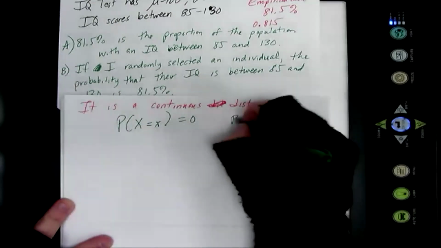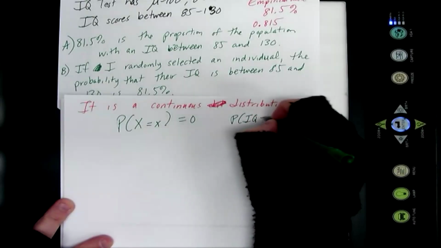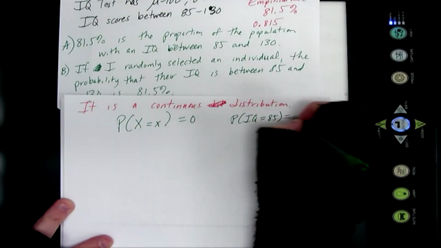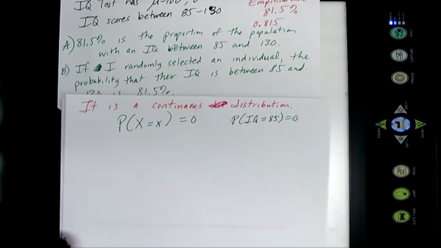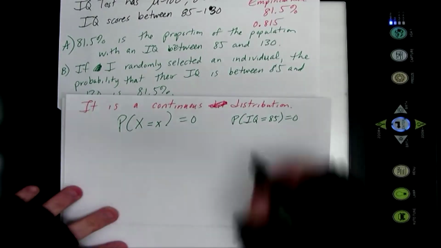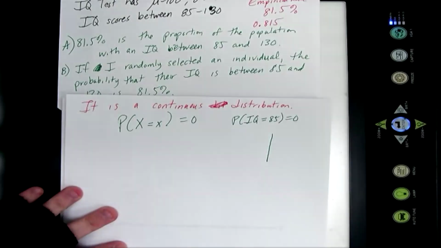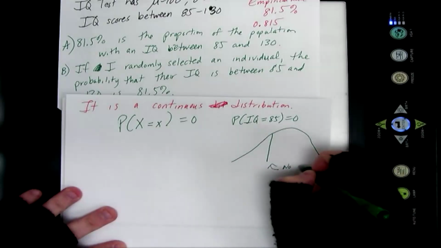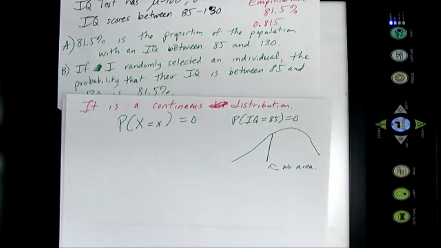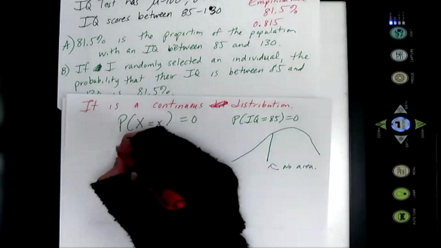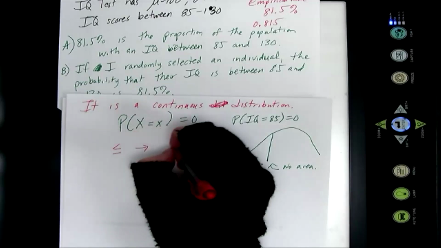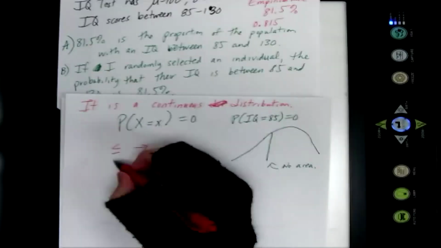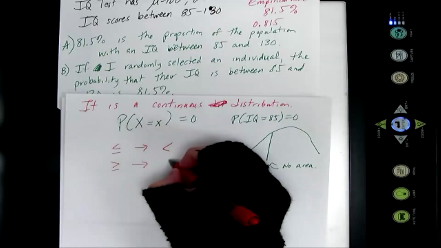Like the probability of getting an IQ of exactly 85 is 0, because it's just a single line and there's no area under the curve. Just a single line, no area. Where that comes in is that less than or equal is the same thing as less than, and greater than or equal is the same thing as greater than.